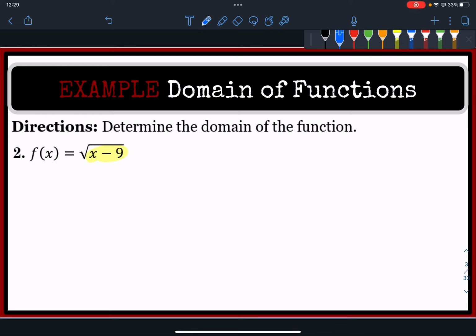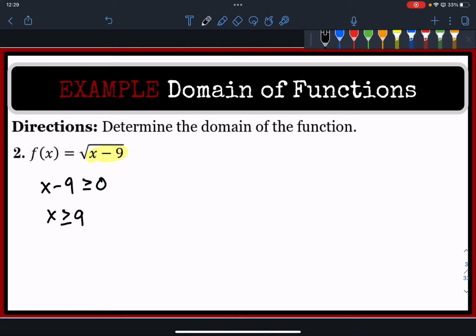So what we do in these types of situations to determine the domain, we take the radicand in our square root, the x minus 9, and have it be greater than or equal to 0, and we solve this inequality. This simply requires us to add 9 to both sides, and the value of x is going to be greater than or equal to 9.